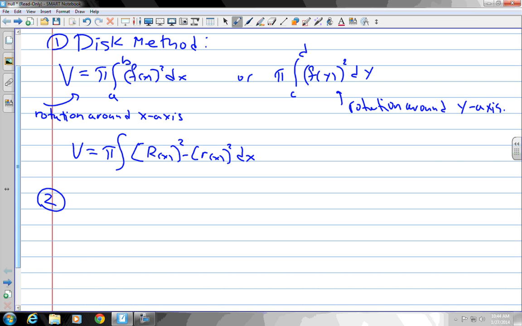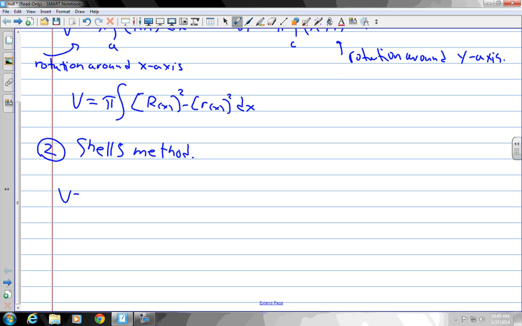The different technique was the cylindrical shell method. So there the formula was 2 pi integral from a to b x f of x dx. So this was rotation around the y-axis.